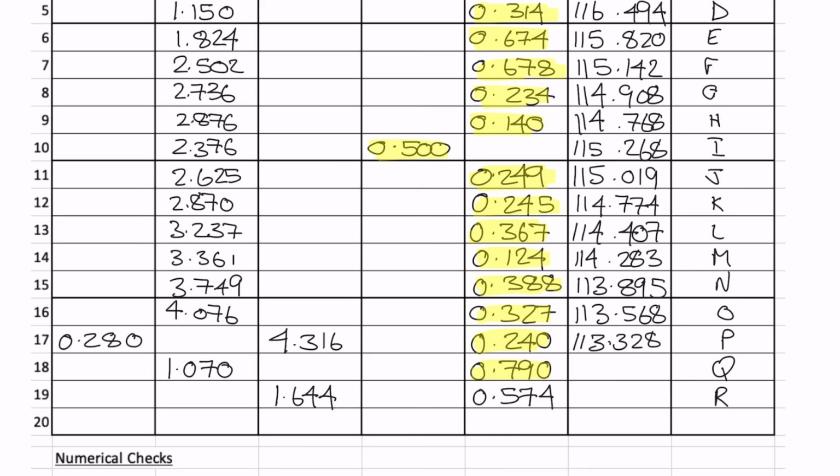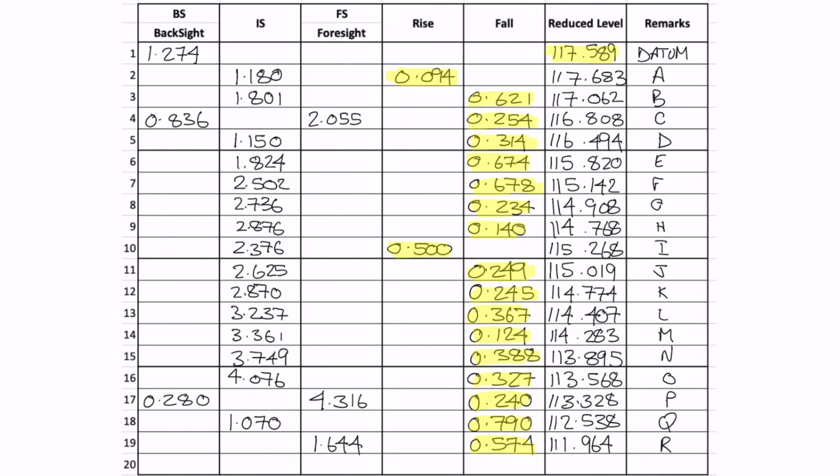Another fall value, 112.538. And finally another fall value, subtract that from our previous reduced level to give us a final reduced level of 111.964. Our reduced level column has now been completed.